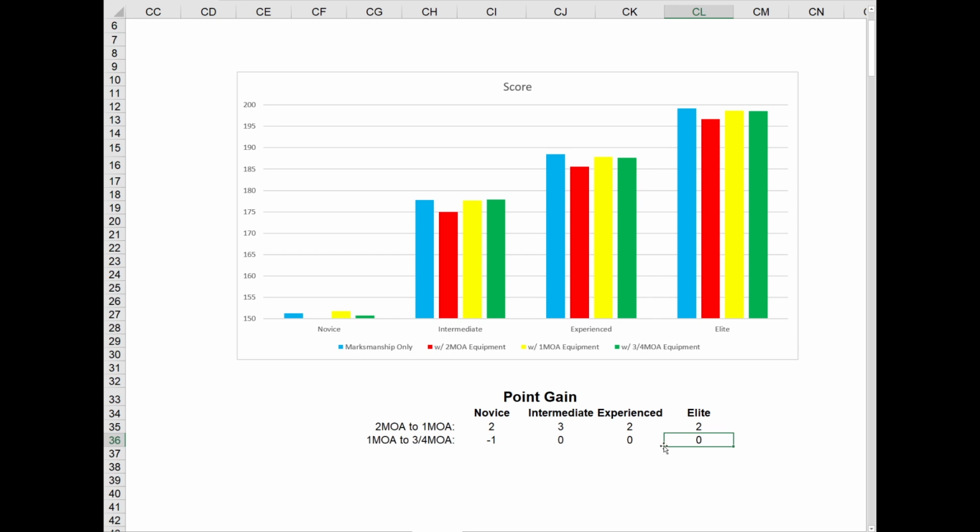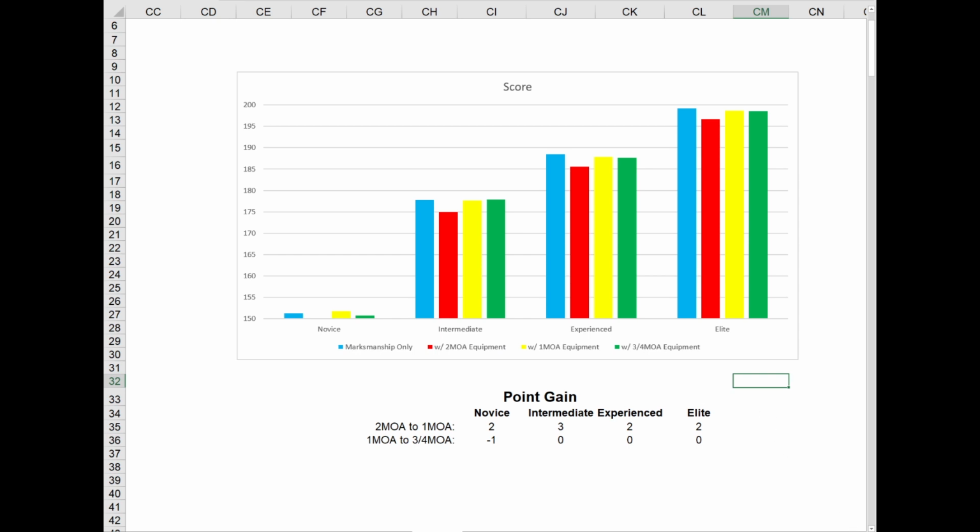So anyway, what you can see here is that there is improvement in score going from 2 to 1 minute of angle, but once you get past that, it doesn't look like there are really huge gains to be made. So that's score, and so group size and score are what my primary outputs were.